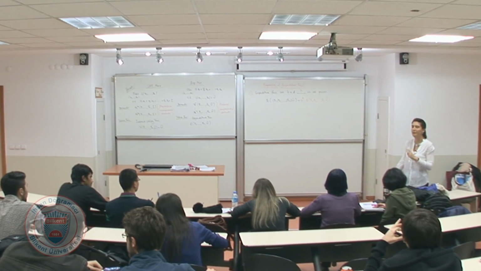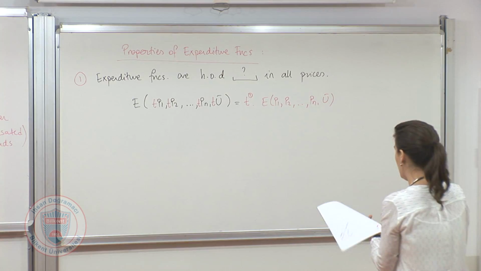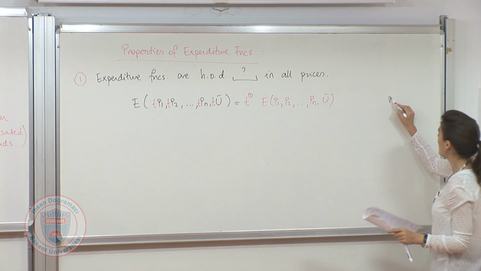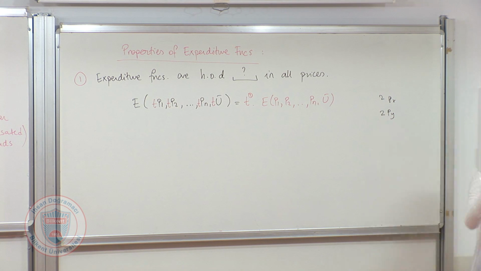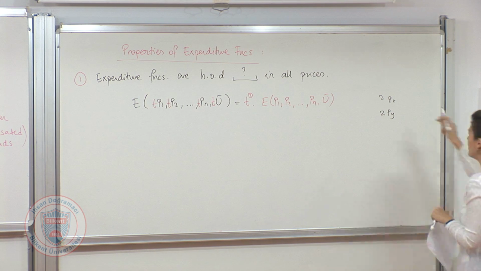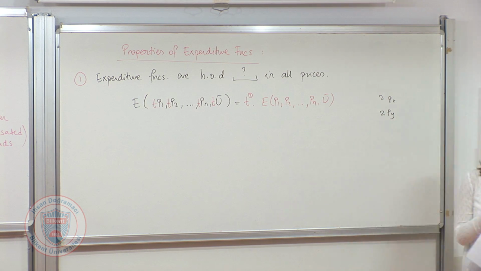If I double all the prices, I doubled the price of X and I doubled the price of Y. Remember, this is the expenditure function, so we're keeping the utility level the same, so we're not thinking about income or anything. We're looking for what income you need to achieve that U bar level. Suppose I double PX and PY. What's going to happen to my optimal bundle?